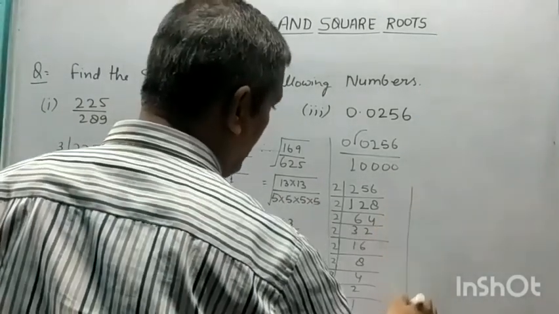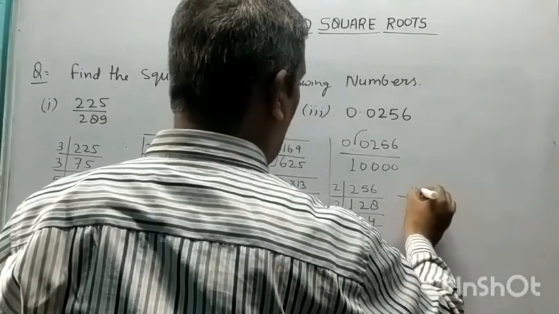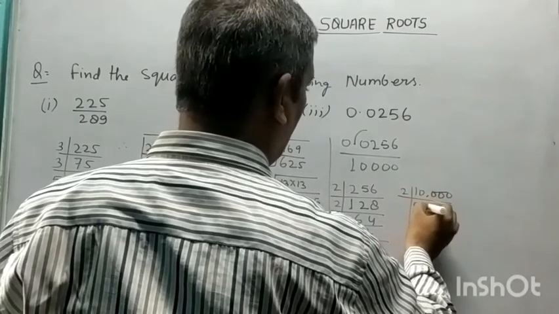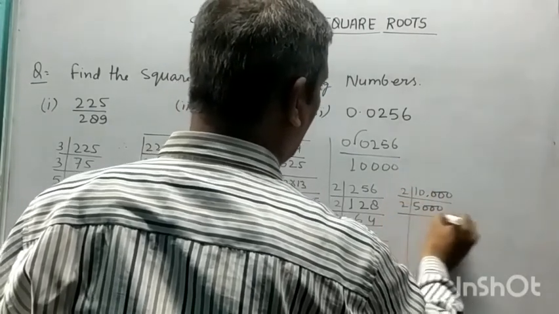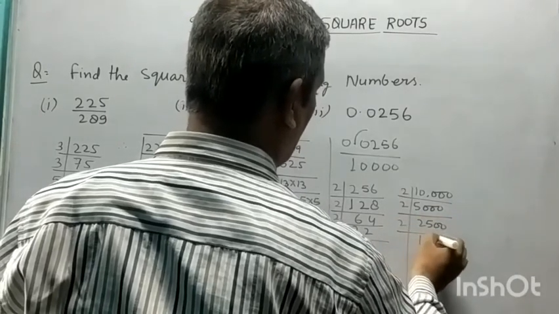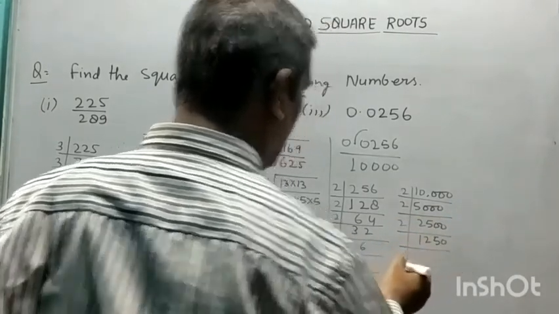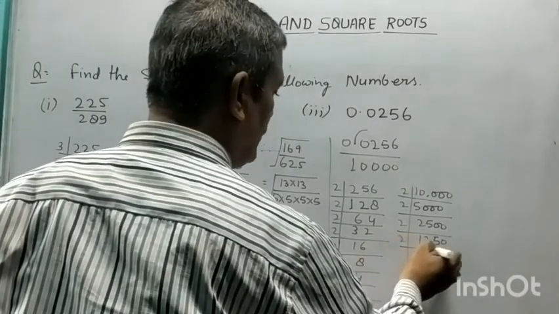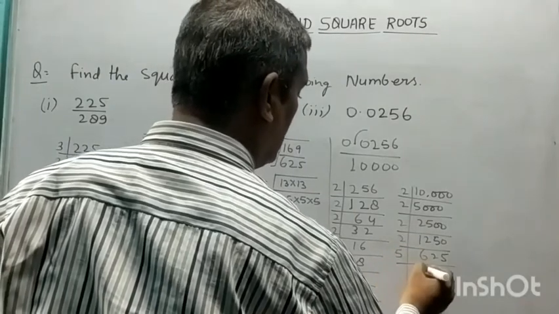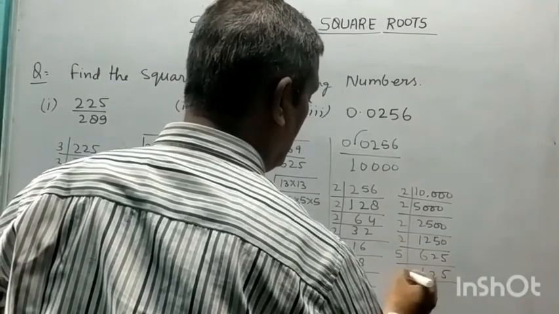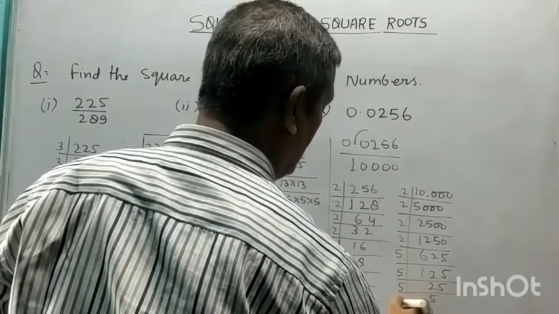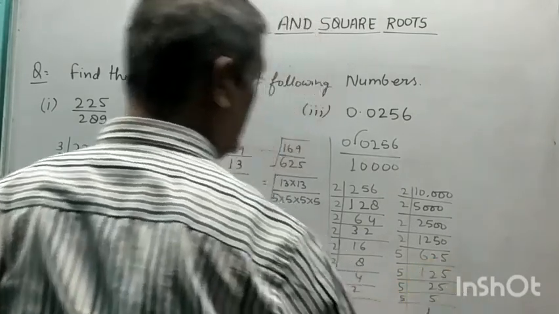Again we find the prime factors of 10,000. 2 fives are 10, then 2,500, then 1,250, then 625. Now divide by 5: 125, 25, 5, 1.